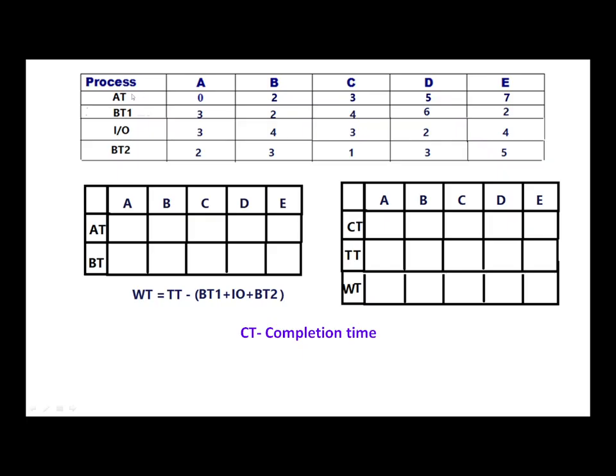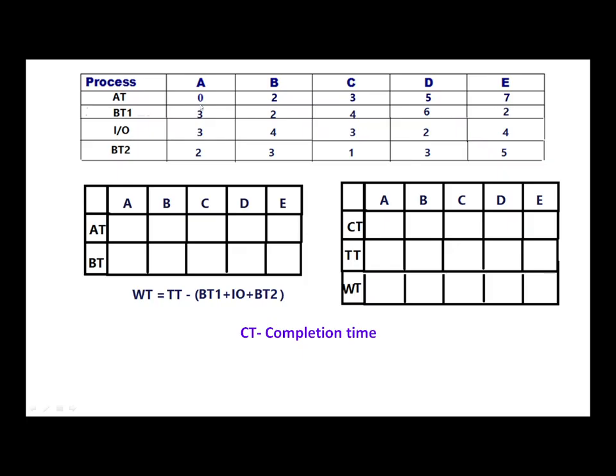For each process, the arrival time is given along with the burst time 1, IO burst time and the second burst time. Here the idea is that normally when a process is given, it comprises the total burst time.